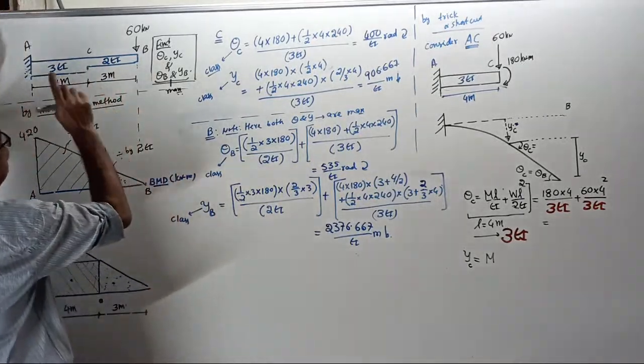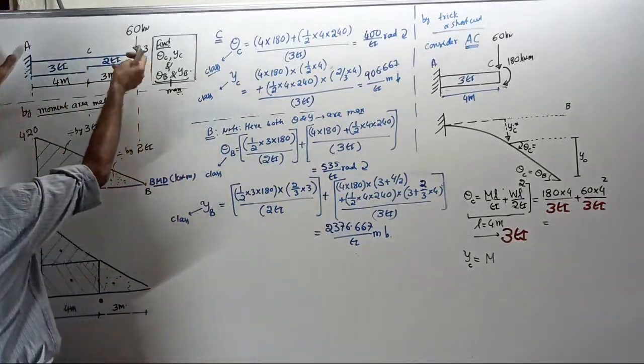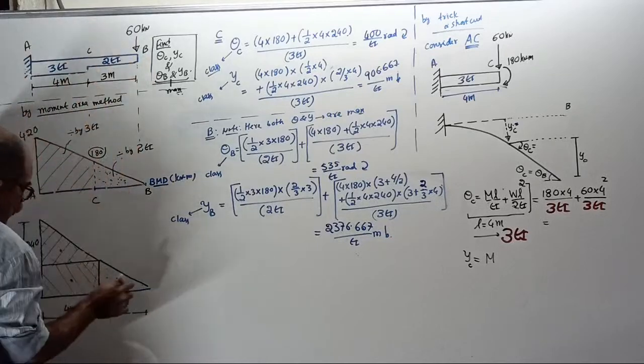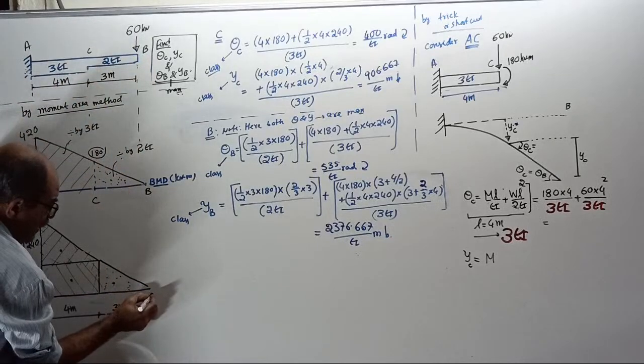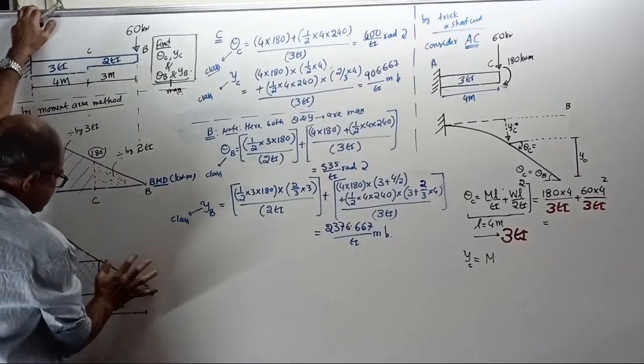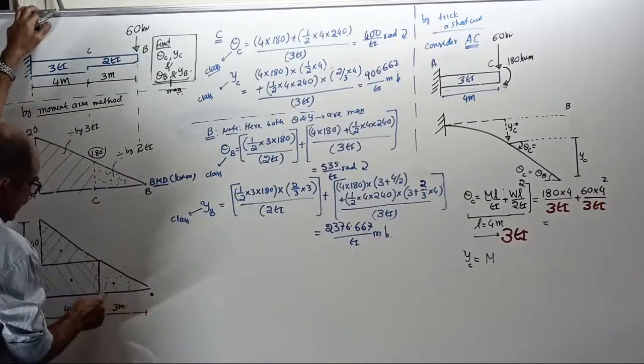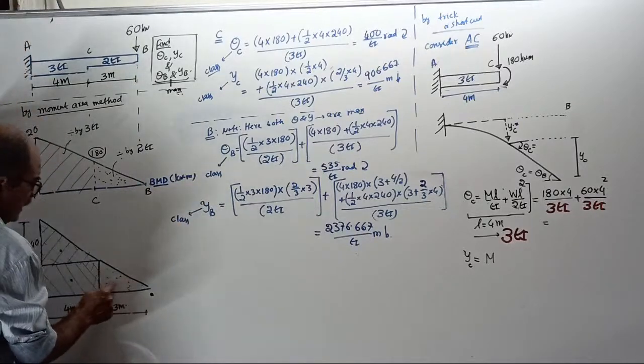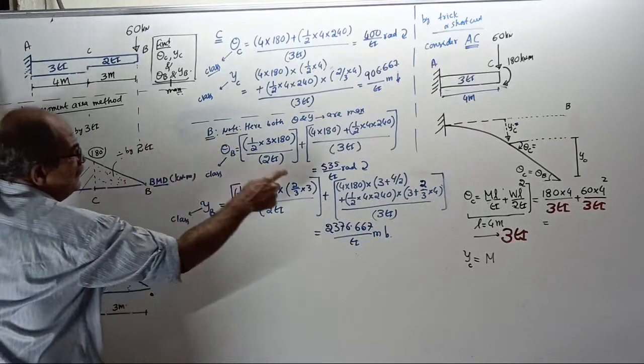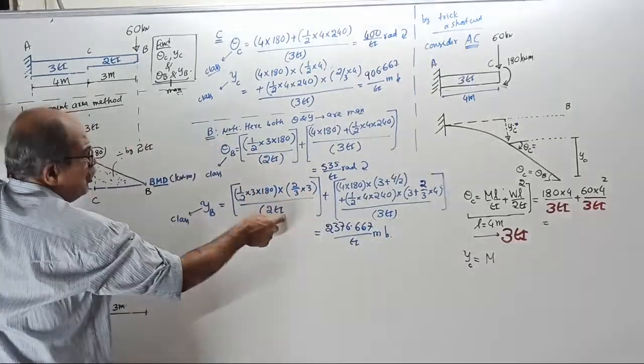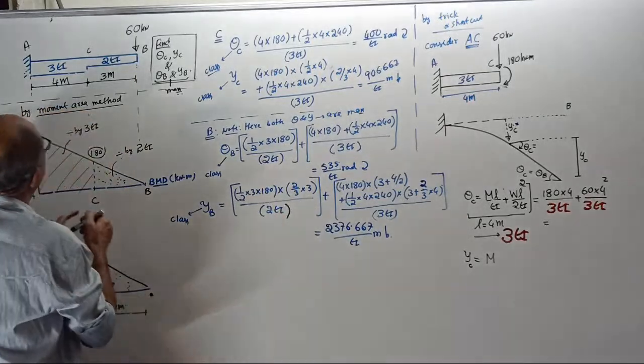Deflection. Moment of the area of the BM by EI diagram between B and A about B now. Now moment is about B. So this triangle is half into 3 into 180, CG is here at 2/3 of 3. That BM by EI, divide by 2 EI.